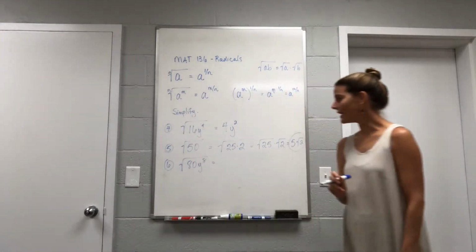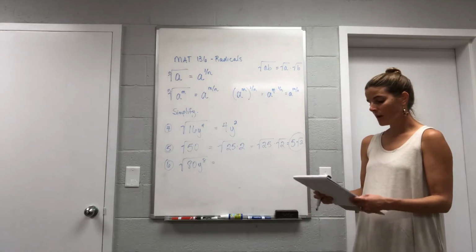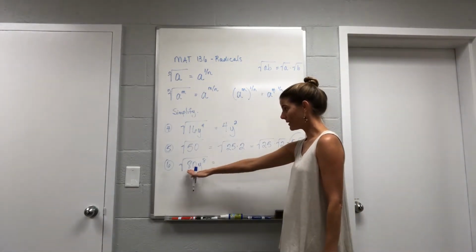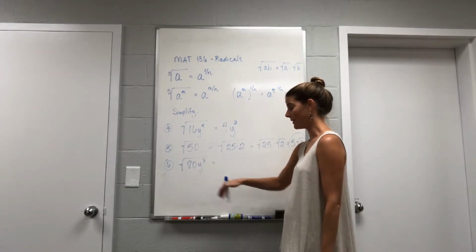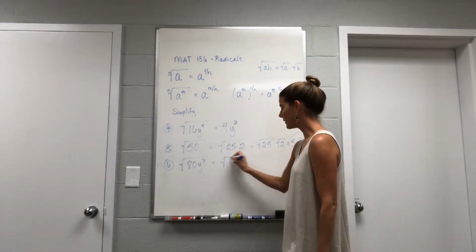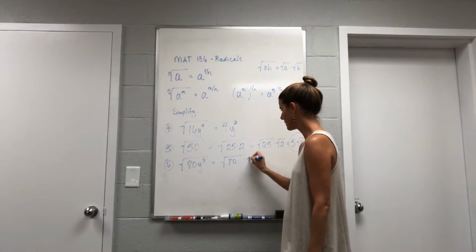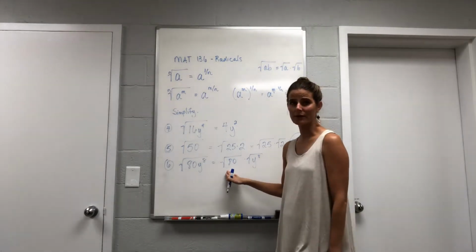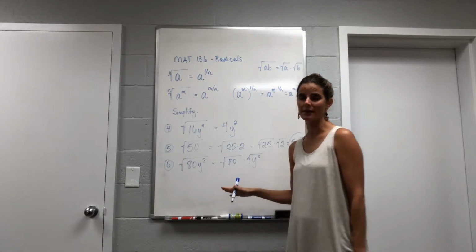All right, square root of 80y to the 8th. So I'm going to treat this, again, separately, the square root of 80 and the square root of y to the 8th. So we can write it out like that first, and then treat each one separately. The 80 is not a perfect square, but there is a perfect square that goes into that.